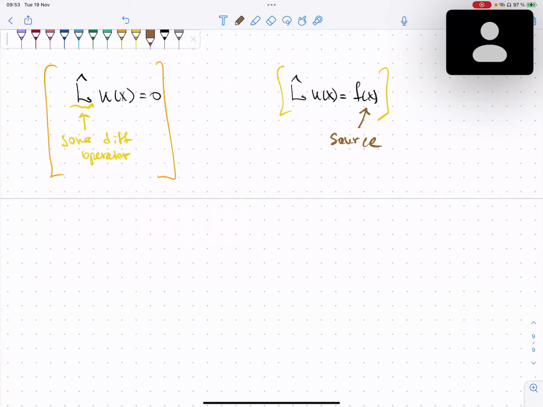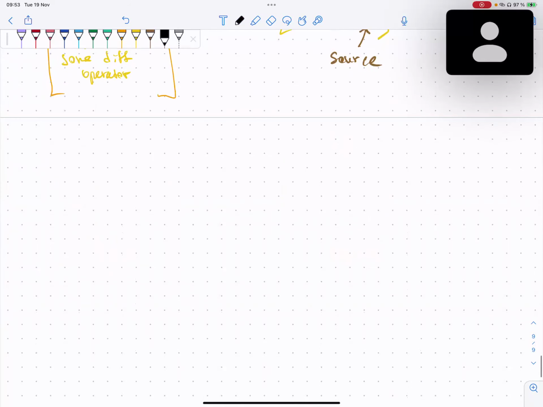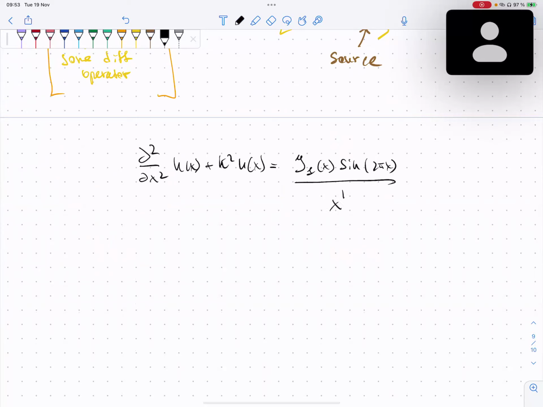In the general case, if you have some very complicated source, some very complicated function, for example, the Helmholtz equation plus k squared u of x and some product of Bessel function, sine of 2 pi x divided by x to the power 1000, and some Legendre polynomial, hyperbolic cosine of x, it will be almost impossible for us to solve this equation.